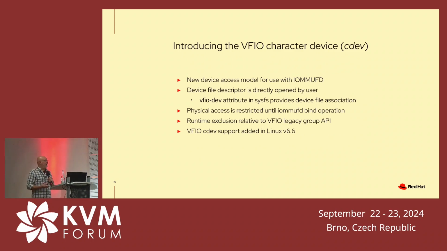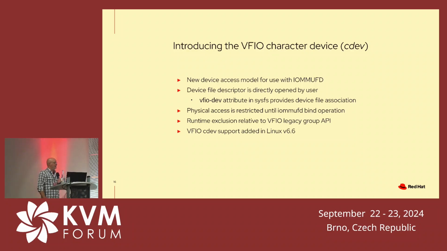So as you may have figured out, this requires yet another new interface to VFIO where we actually need to be able to access the device rather than the group. So we create a new character device interface where we can access the device. You can find this through sysfs.